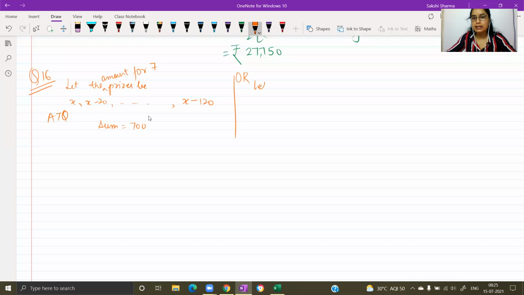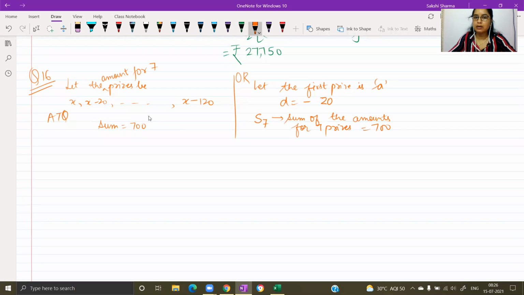The other way is, let us say the first prize is A, the common difference D is minus 20, and S7 is 700.